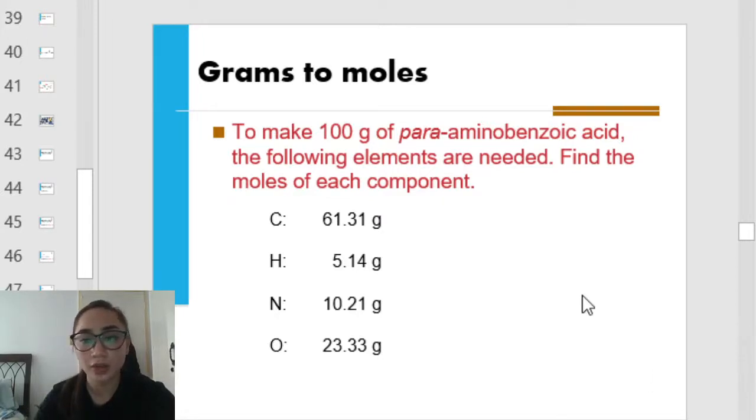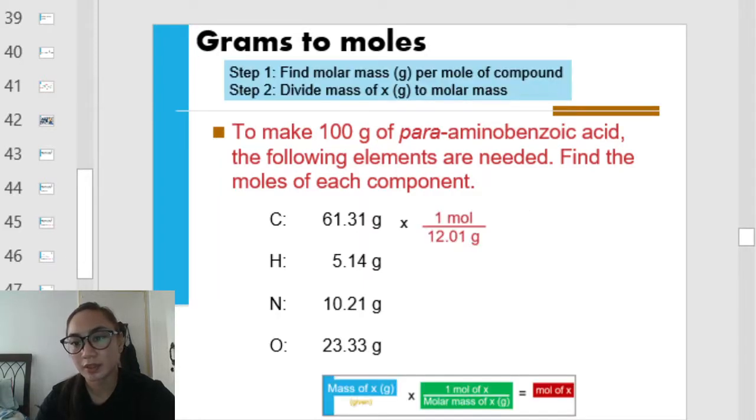We already have the mass in grams of each element here, and what we are asked to find is the moles of each component.